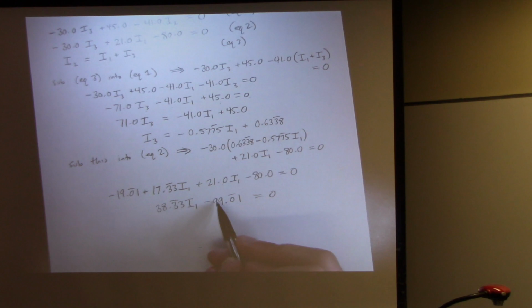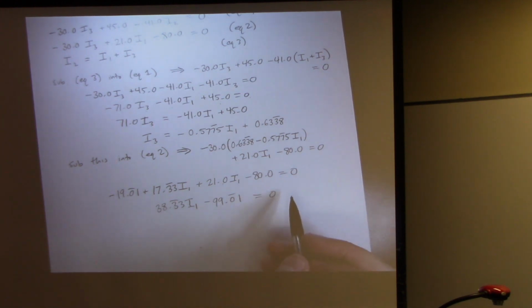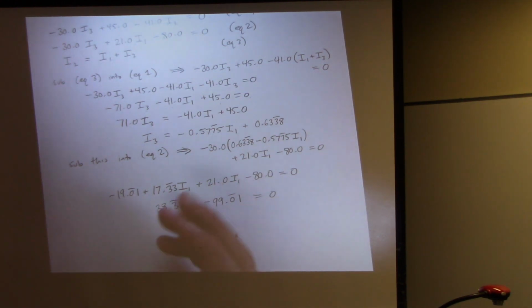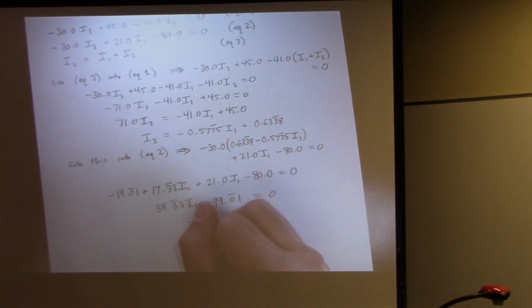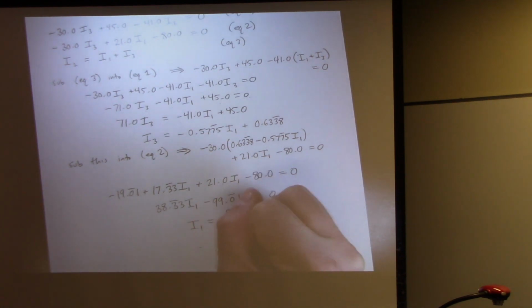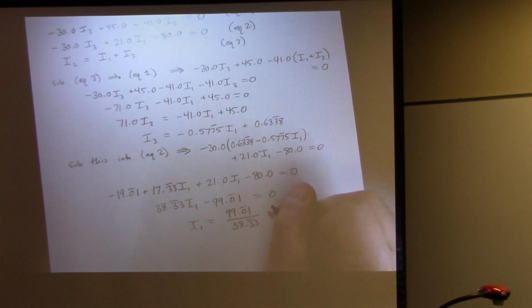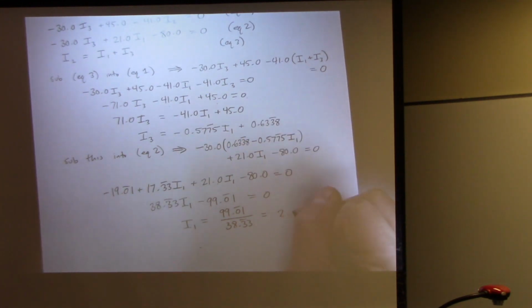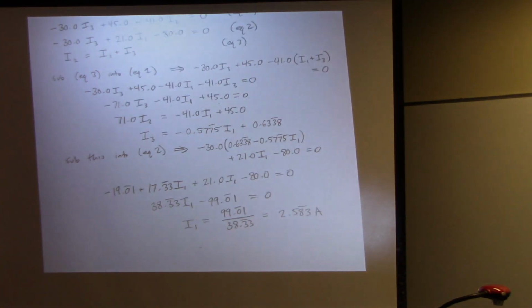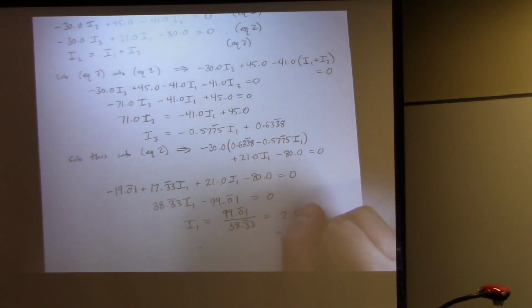Just add this 99.01 to both sides, and then divide by 38.33. So what we have is I1 equals 99.01 divided by 38.33, and that results in 2.583 amps. And actually we'd round that off to 2.58 amps, like that.